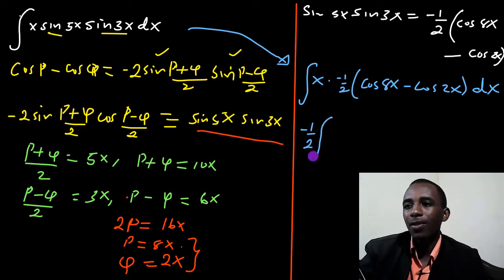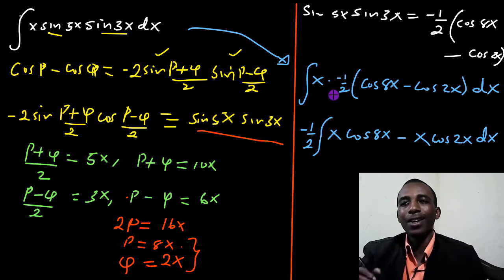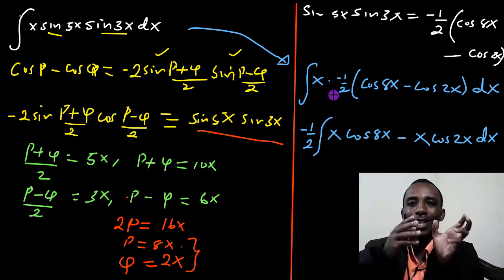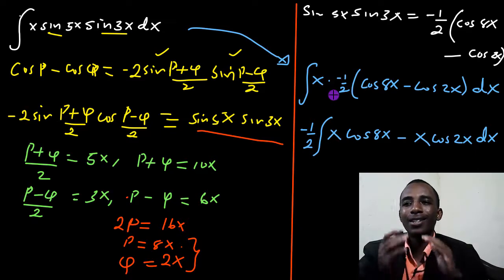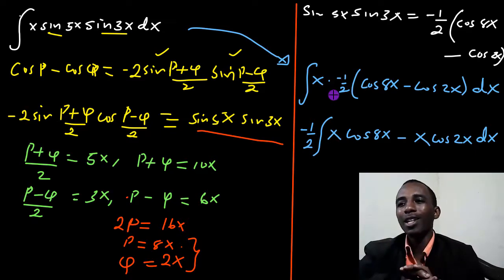So I have -1/2 the integral of x cos 8x minus x cos 2x dx. Alright, now I have two separate terms in the integral, and I can integrate each of them independently.